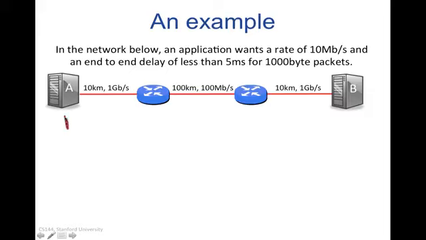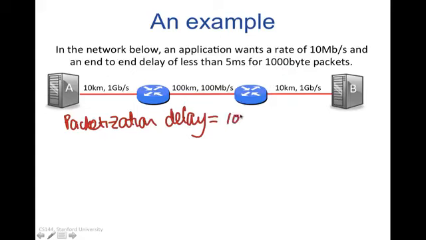So let's look at the packetization delay first. Packetization delay, end-to-end, is going to be the sum of the packetization delay across all of the links. So on the first link, I've got 1,000 byte packets that I'm sending. So they are 1,000 times 8 bits divided by the rate that they're going to go over the first link, which is 1 gigabit per second.